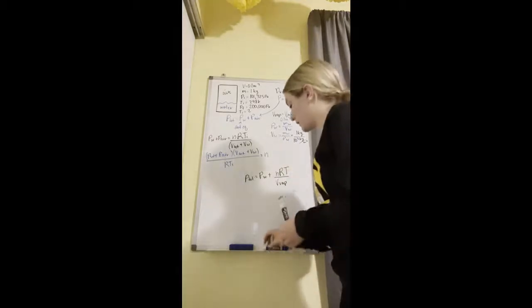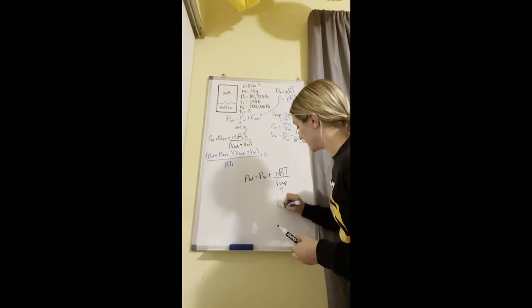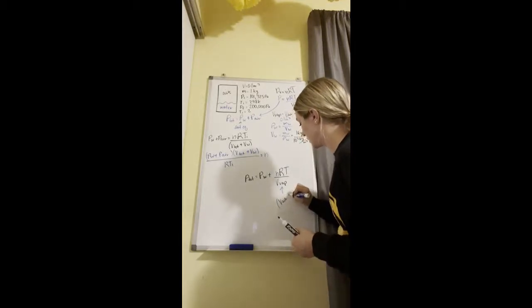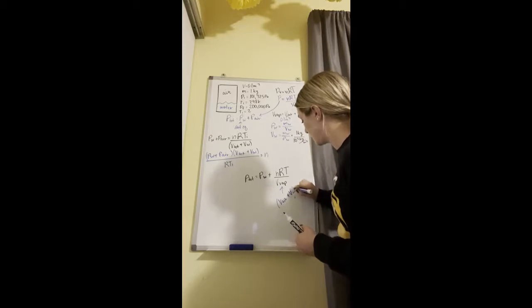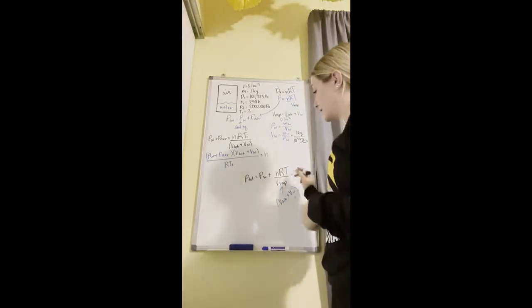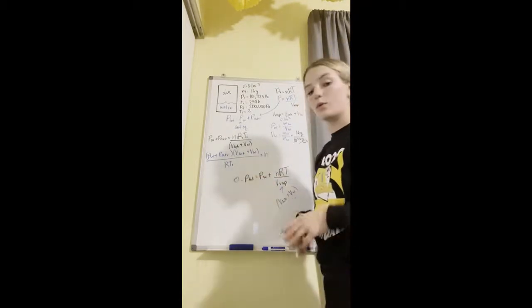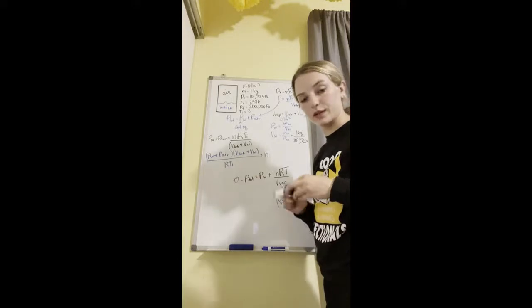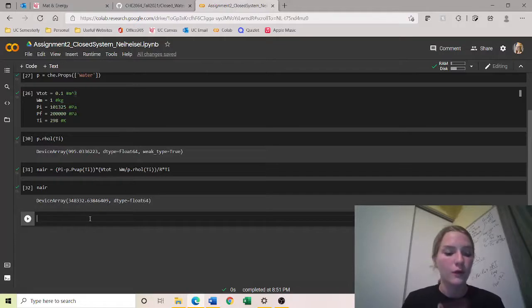And we know that this V vapor is V total minus V water. So now if we set this entire equation equal to 0, we're going to be able to find the roots of the equation.